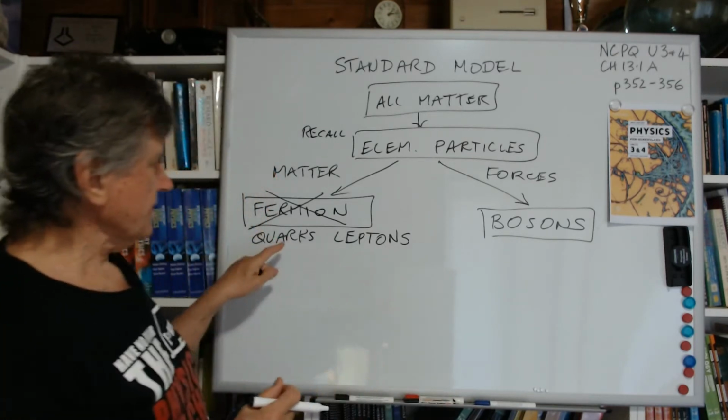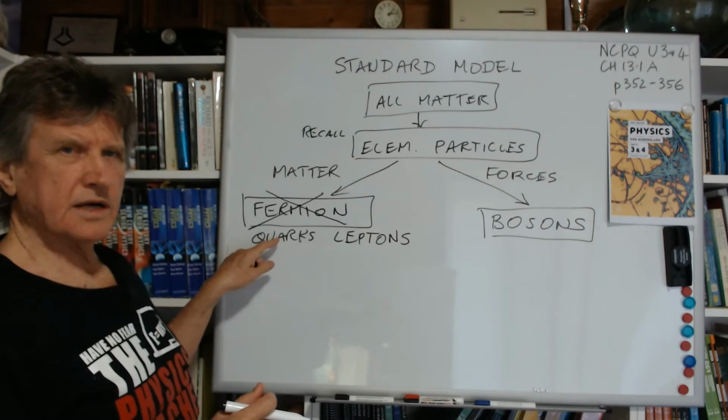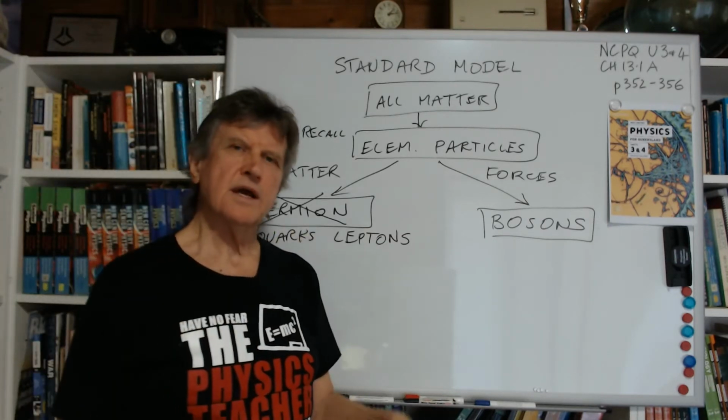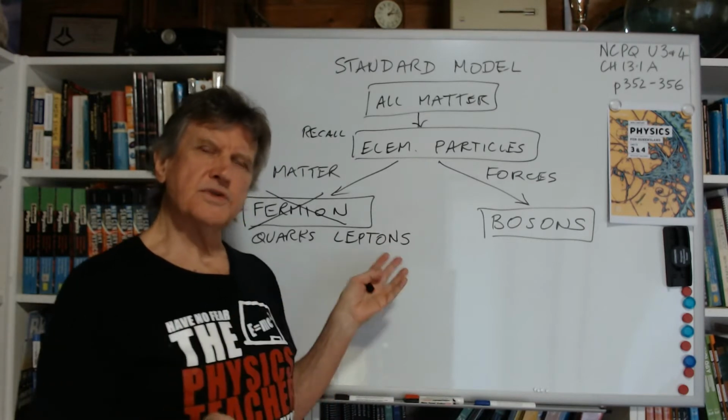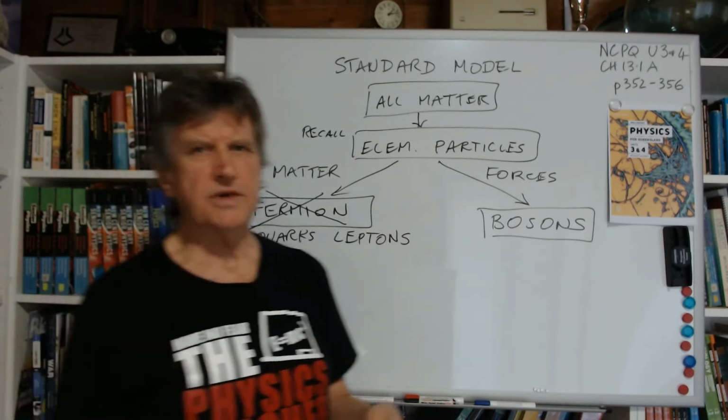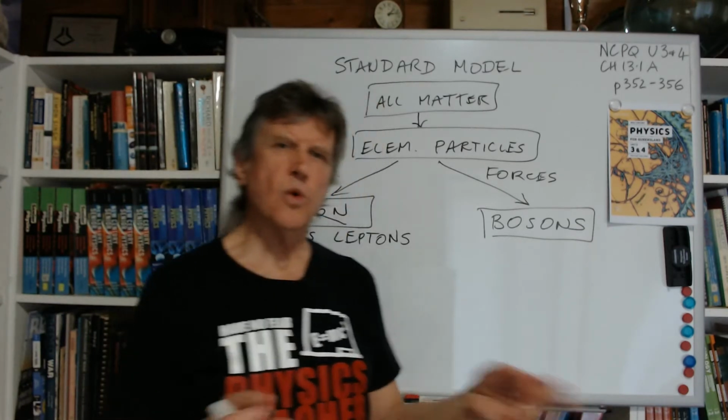Okay, what I want to do now is have a look at quarks. Now the pronunciation of that, I say quarks. The guy who originally coined the word was tossing up between quarks and quirks, or quarks.